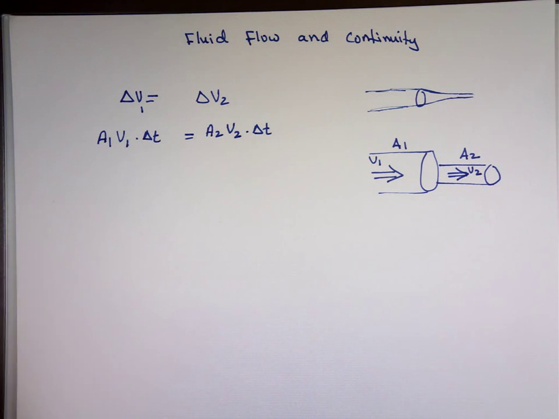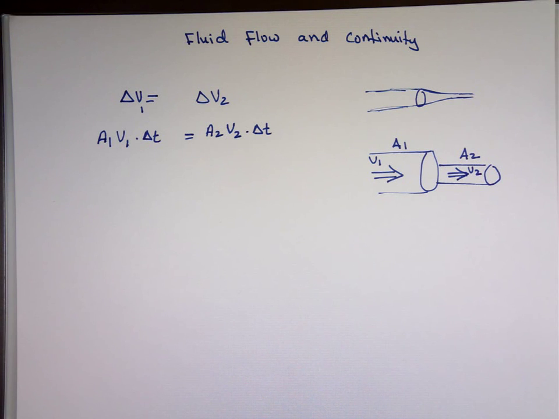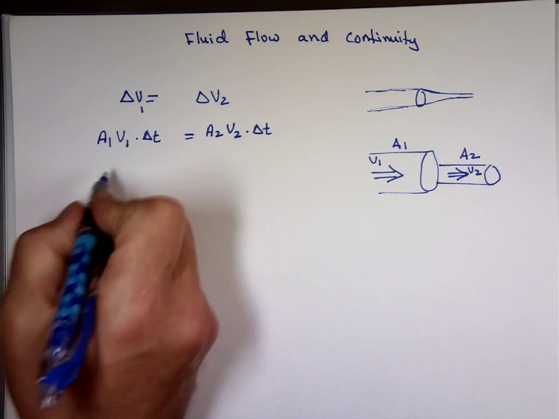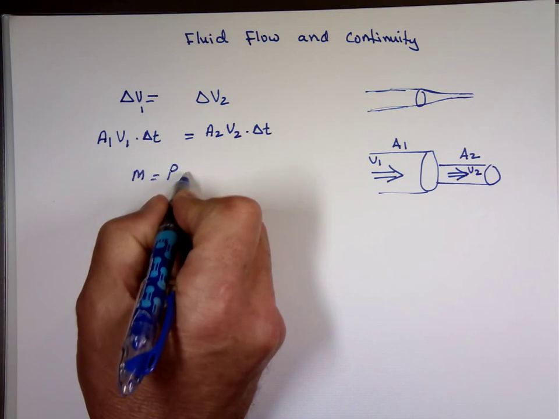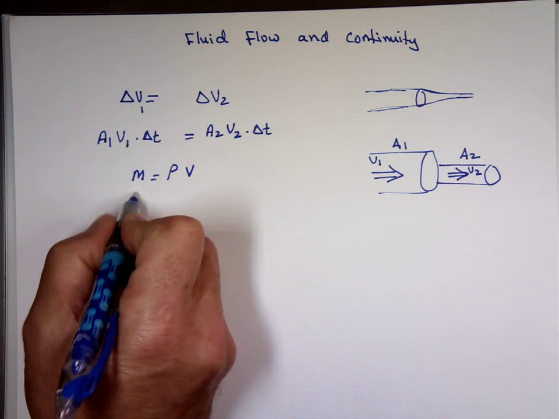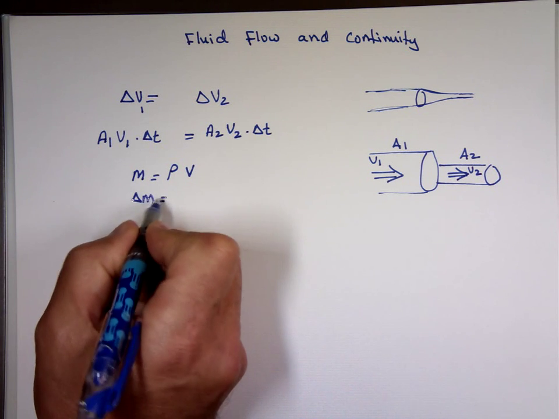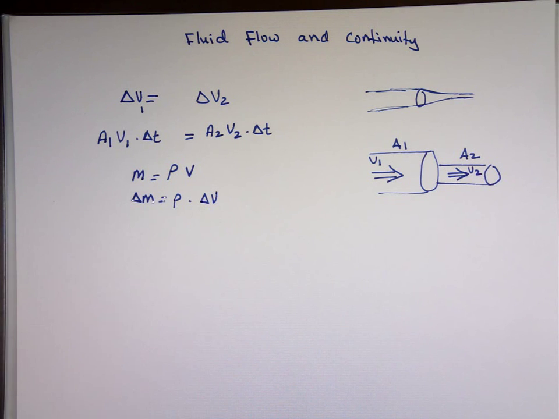So I can actually drop that delta T, but I'm going to leave it for now. Now, mass is rho times volume. The change in mass is rho, which doesn't change, times the change in volume.